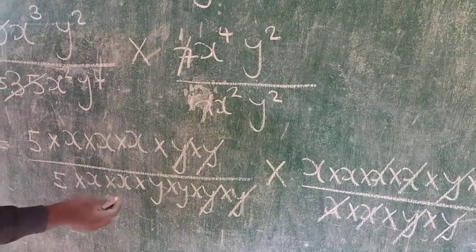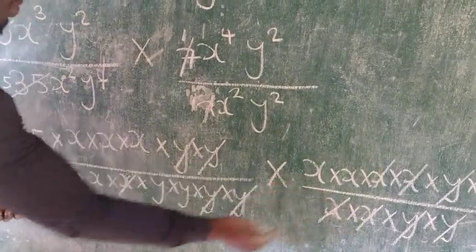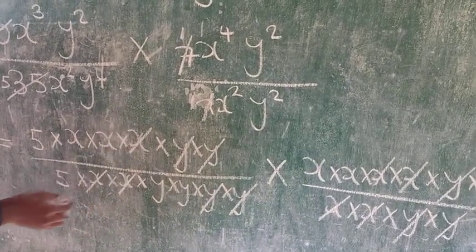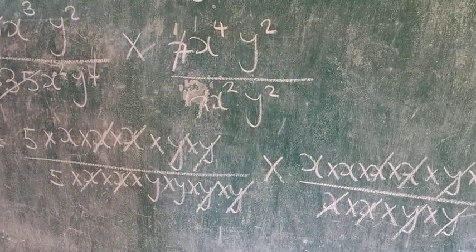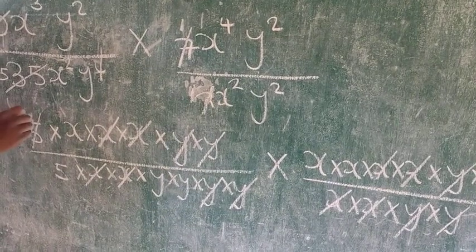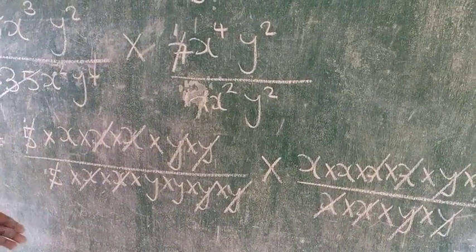Then we come to x; you can cancel this one or that one, anywhere is fine. In terms of numbers, we have a 5 here and this 5, 1 here and 1.